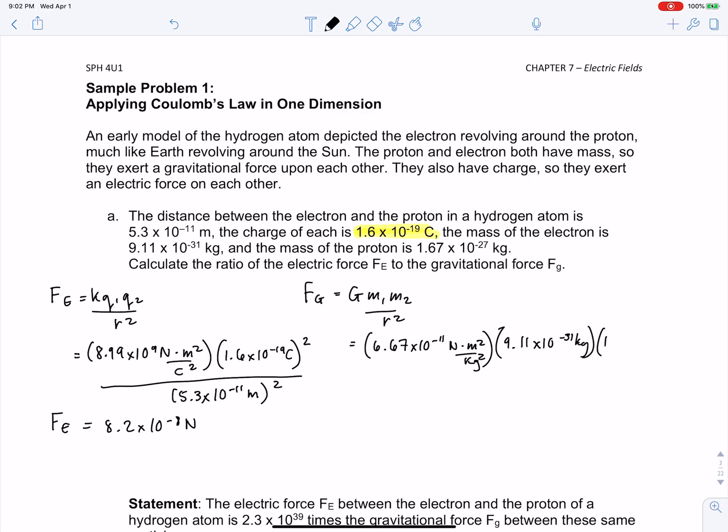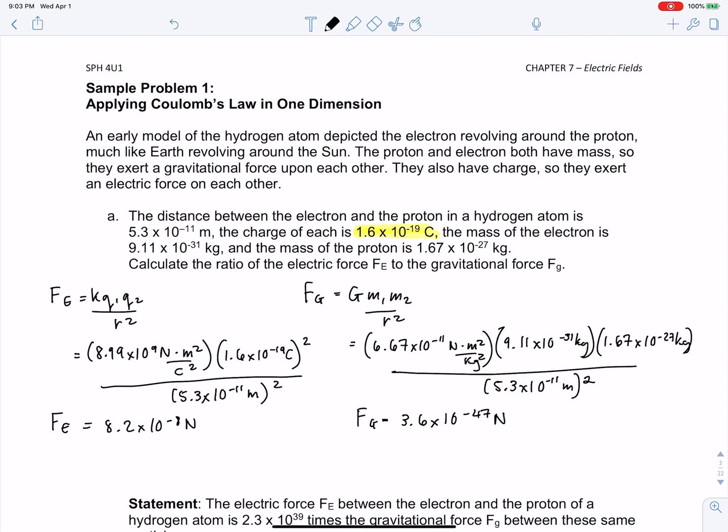The mass of the proton is 1.67 times 10 to the power of negative 27 kilograms, divided by a distance of 5.3 times 10 to the power of negative 11 meters. Don't forget to square it. The gravitational force is 3.6 times 10 to the power of negative 47 newtons. That's what I had written down the first time incorrectly.